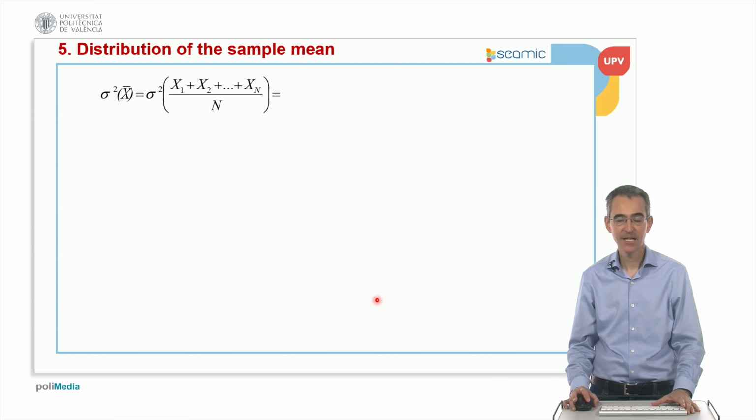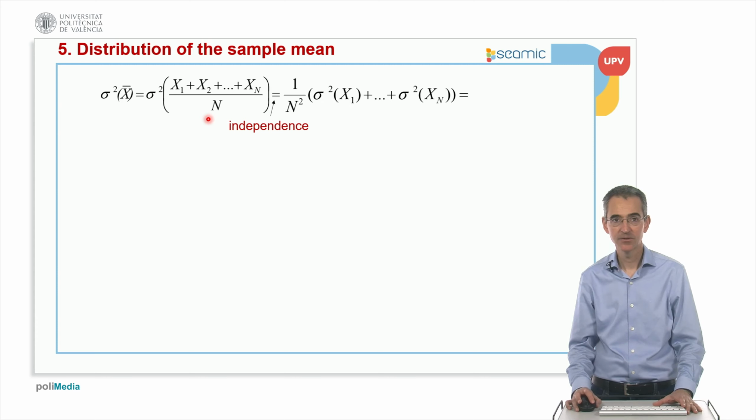Then, what happens with the variance? The variance of the sample mean is this. Assuming that they are independent, which we can assume because they are just values taken at random, the coefficient goes squared, and at the end what we have is sigma squared divided by n.